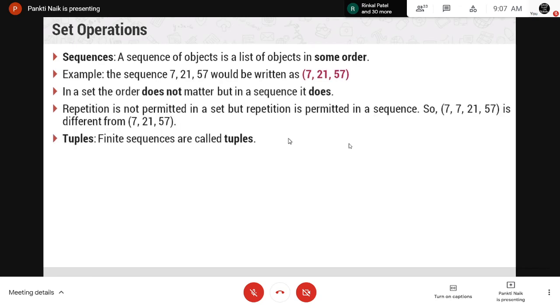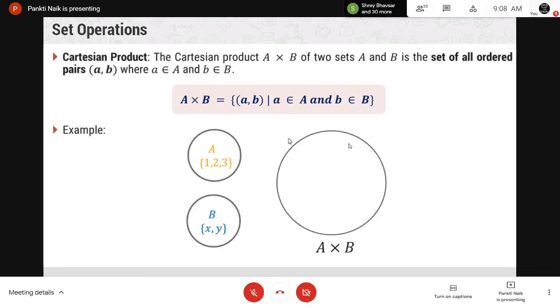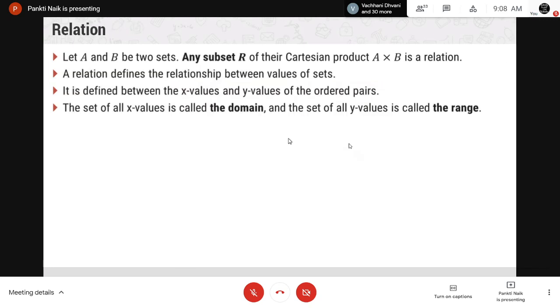right? Then we saw the sequence, then tuples, then Cartesian product, right? Cartesian product A cross B is equal to (a, b) such that a is a member of A and b is a member of B. So that is the Cartesian product, right?